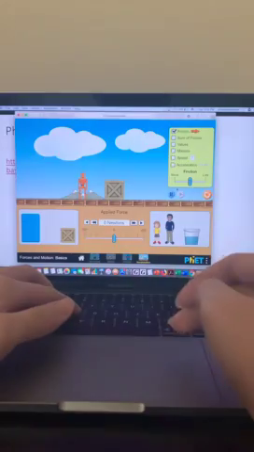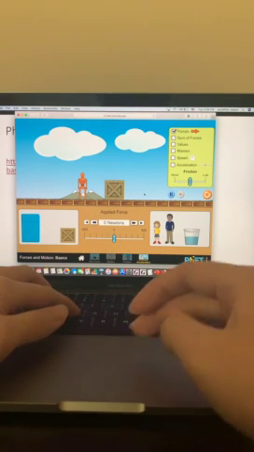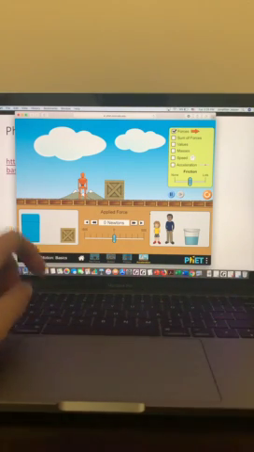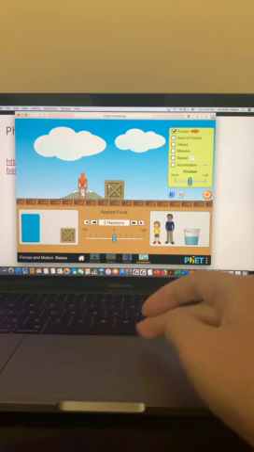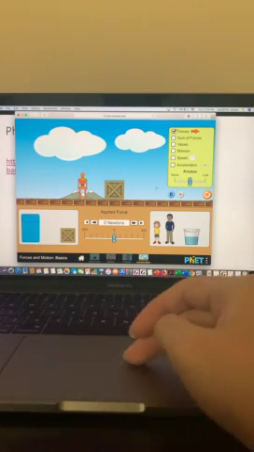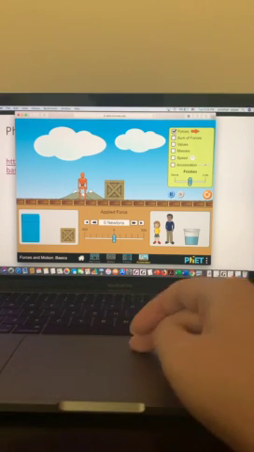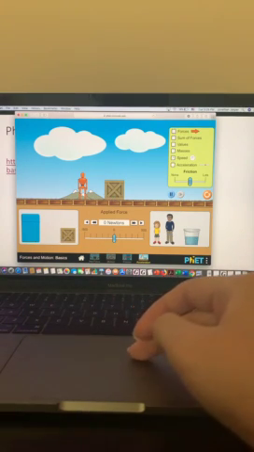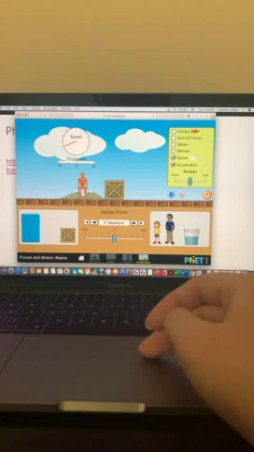As you can see here, there's a box and also a person, and for this you don't need to see the force, just the speed and acceleration. So basically, as the speed goes up, the acceleration will also go up.